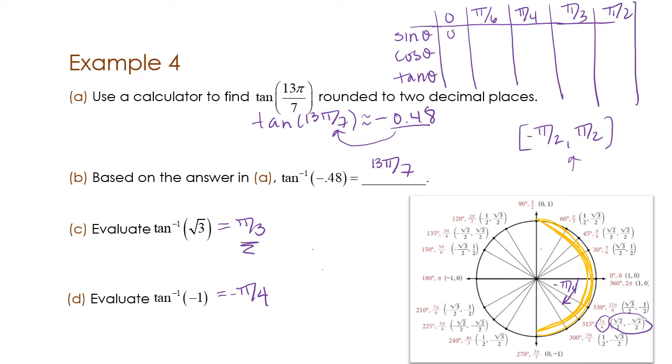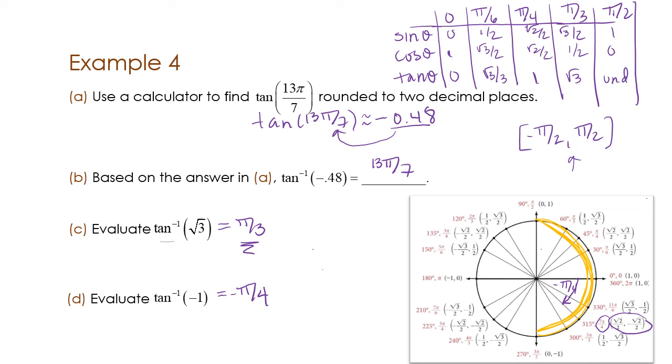So we learned this is 0, 1/2, root 2 over 2, root 3 over 2, and 1. And then this is the opposite of that: 1, root 3 over 2, root 2 over 2, 1/2, and 0. And then the tangent is when you divide those two. So we get 0, root 3 over 3, 1, root 3, and then undefined.